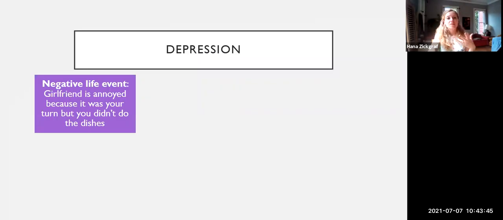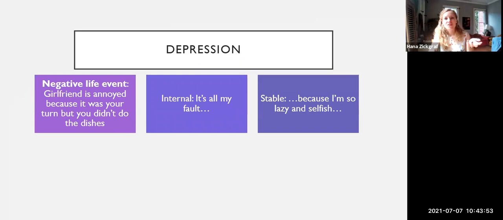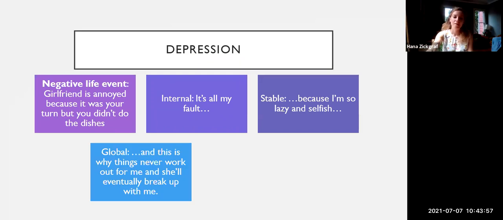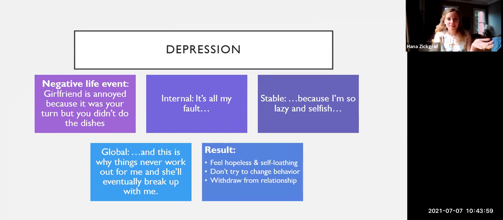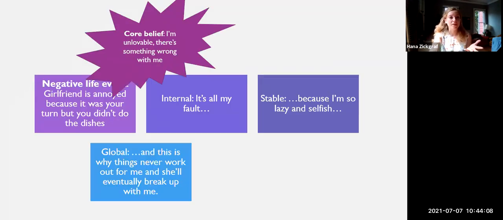An example in depression, so we talked about negative attribution styles in response to negative life events. This example of someone's girlfriend being annoyed because you didn't do the dishes, making internal, stable, and global attributions about the cause of that negative life event. And then the emotional and behavioral response that comes from those attributions. For some people, though, that negative life event actually activates a core belief.